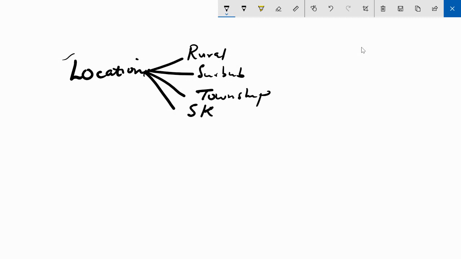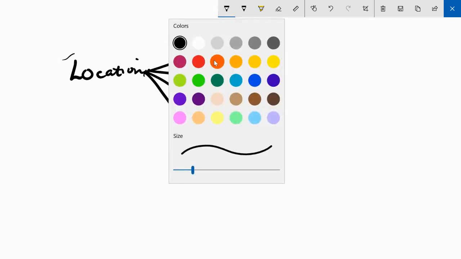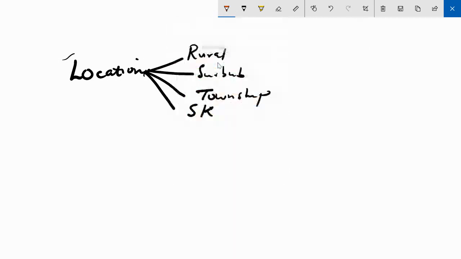Because this variable has four options, we must take one from the four. Before you change the other ones, you must select one as your reference variable. In most cases, we take the last option as the reference variable. So now this one is our reference variable.